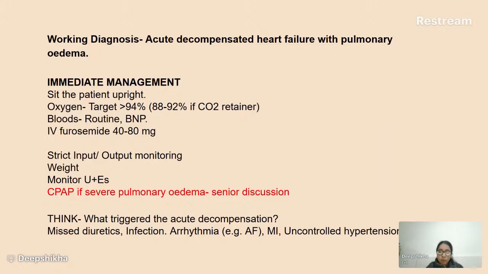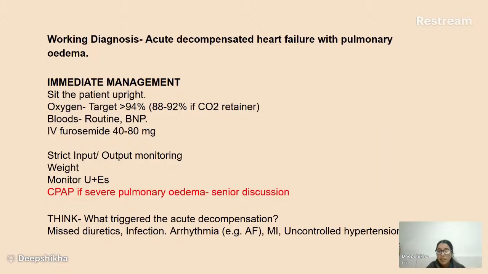And just think what could have triggered this acute decompensation. If somebody acutely becomes short of breath, and over the last few days it gets worse, is there a certain trigger that could have caused this acute decompensation of her heart failure?